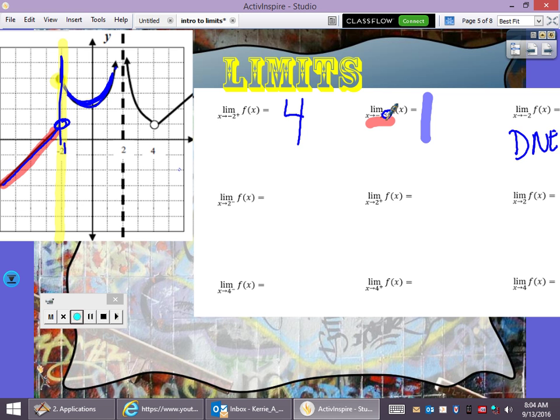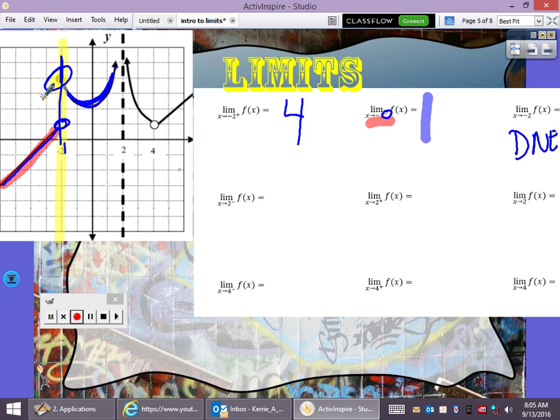Okay, I'm going to add an additional piece because some of you are obsessed with the filled in dot. You see this filled in dot here? Some of you didn't want to say does not exist. You wanted to give me that value because my eye jumps to the solid. But you can't do that because for the limit, I don't know which side of the line I'm traveling on.